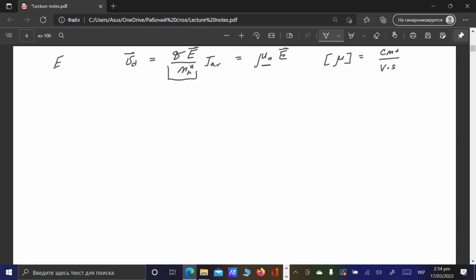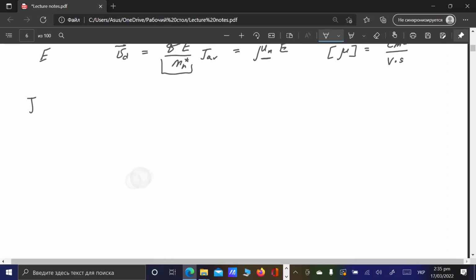So if we have electrons as mobile charge carriers which can contribute to electric current, the current density J, in amperes per square centimeter or per meter, carried by electrons will be equal to the charge of the electron, times their concentration, times drift speed.